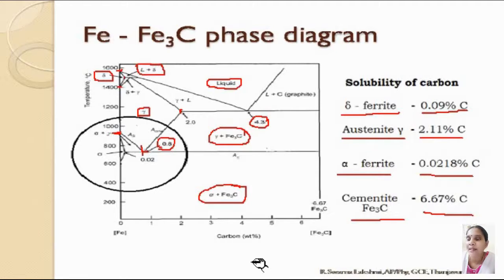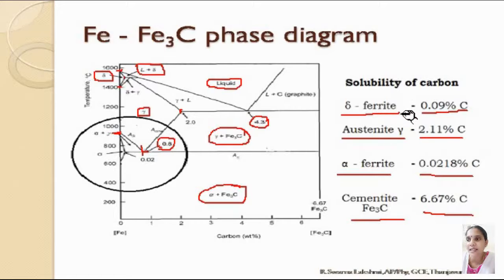Hope the iron-carbon system has been clearly explained using the phase diagram. You have four forms of iron-carbon alloys. One is the delta ferrite, which exists between 1410 to 1535 degree centigrade.